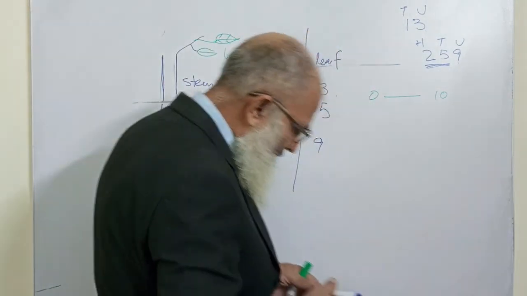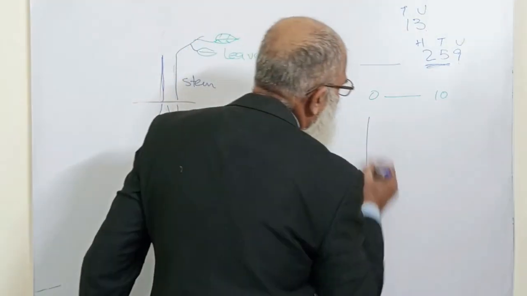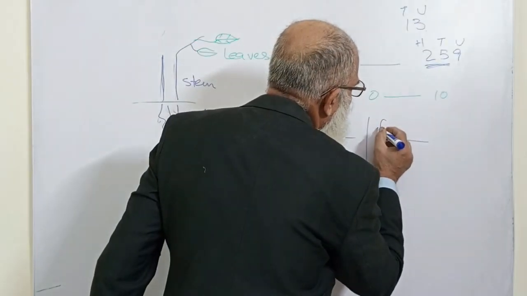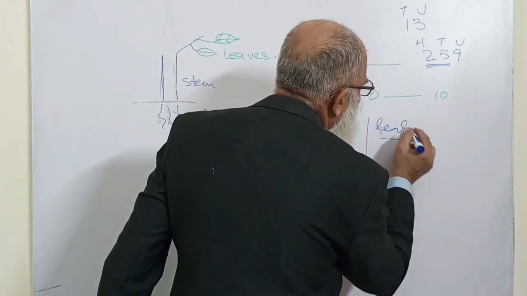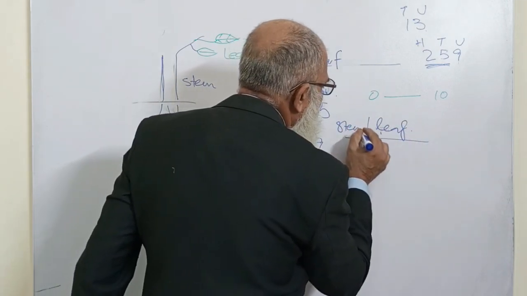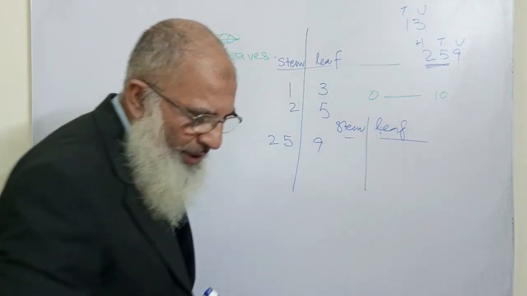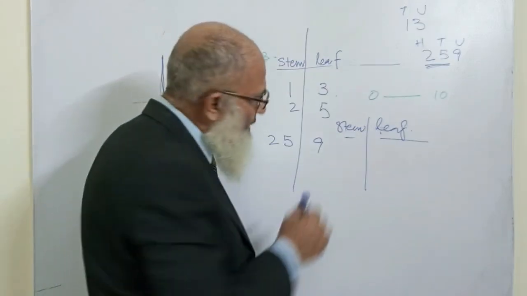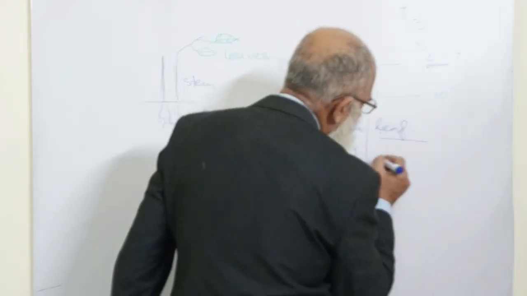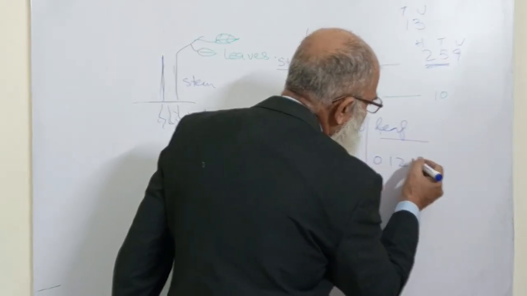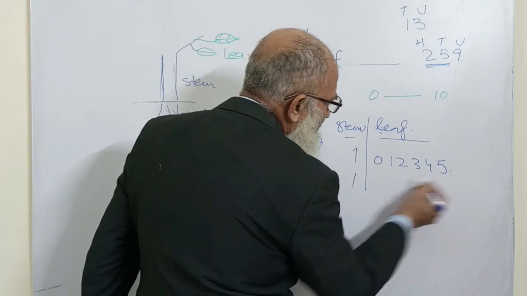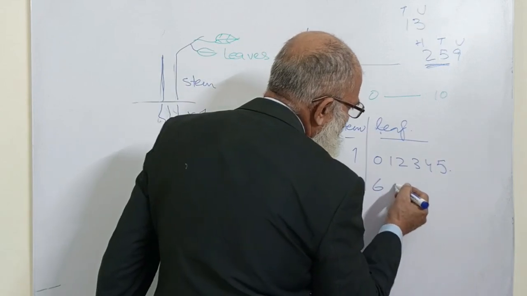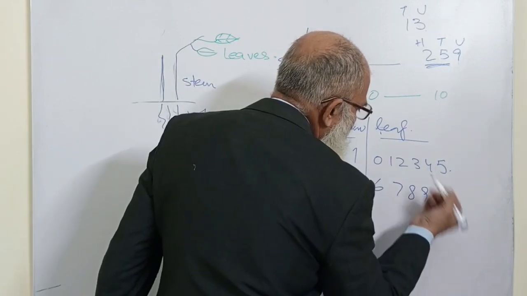For example, you have this leaf and this is stem, and you have some data that is 0, 1, 2, 3, 4, and 5. And then from 6, 7, 8, 9.